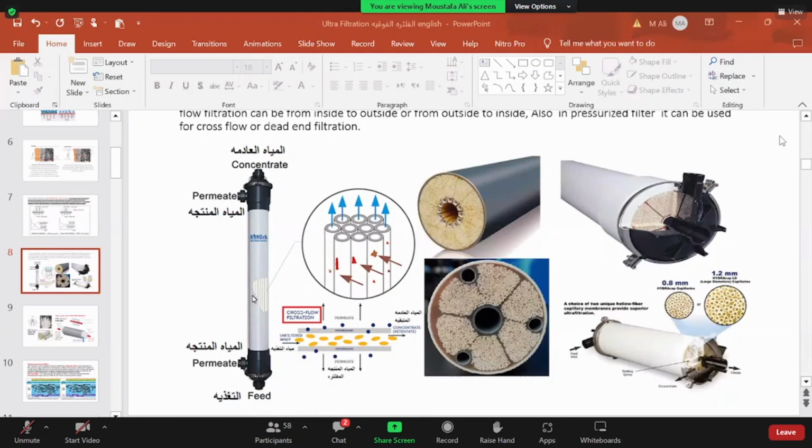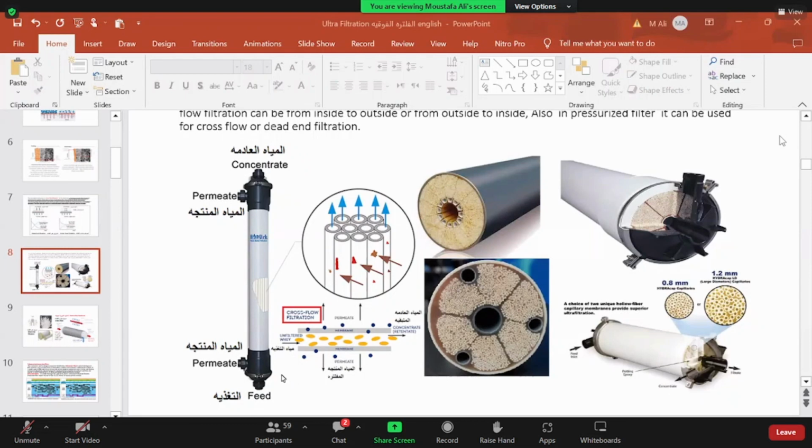So this is for the pressurized hollow fiber membrane. As we see in this figure, the fibers are located inside, sealed from one side, and there can also be one seal around to make it watertight from both sides, and the fiber itself is freely located inside the pressure vessel. Of course, the dimensions of this unit or the fibers, including diameter and the length of the hollow fiber itself, depend on the membrane type.